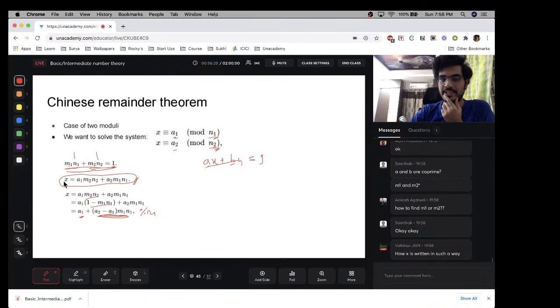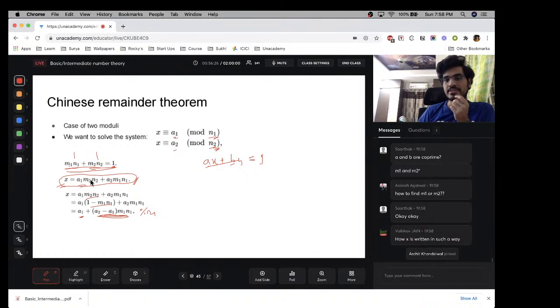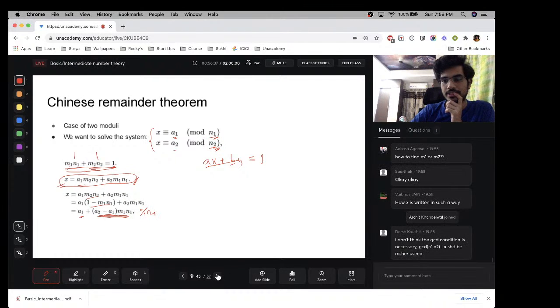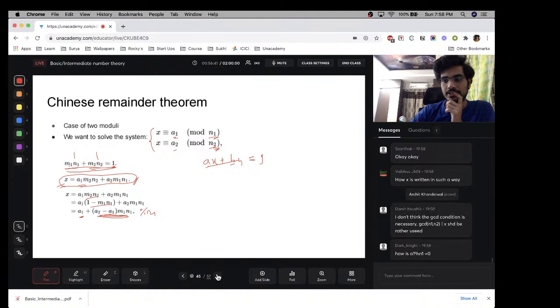How is x written in such a way? Let's suppose there is an x which is written like this. Then such an x is a solution for these equations. How is a1 percentage n1 equal to 0?